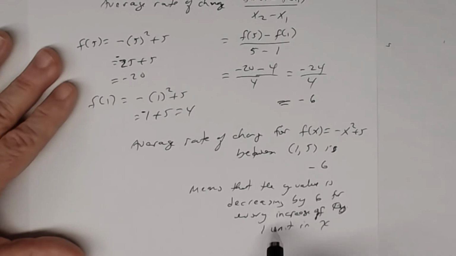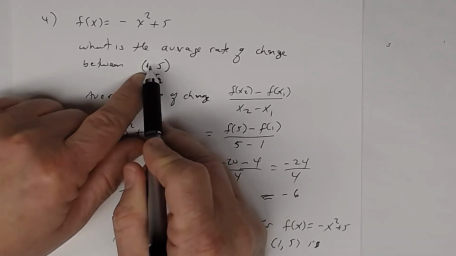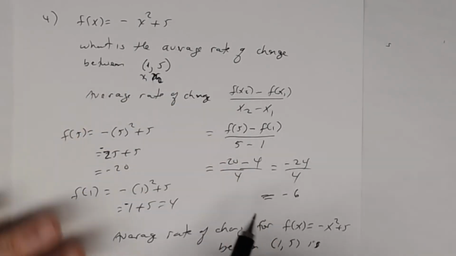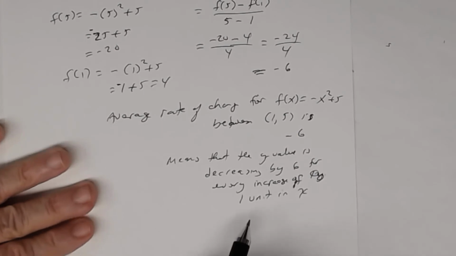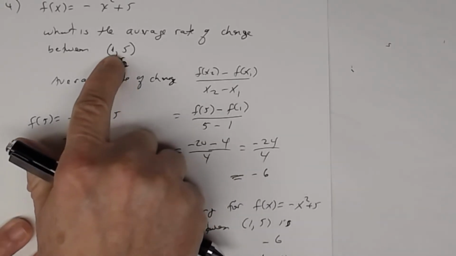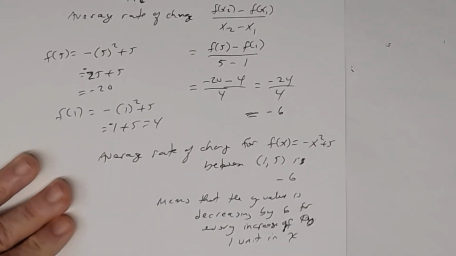So remember, when I went from, increasing by 1 unit, 1 to 2, 2 to 3, 3 to 4, 4 to 5, my y value is decreasing by 6 each time. Okay, that's what that means.